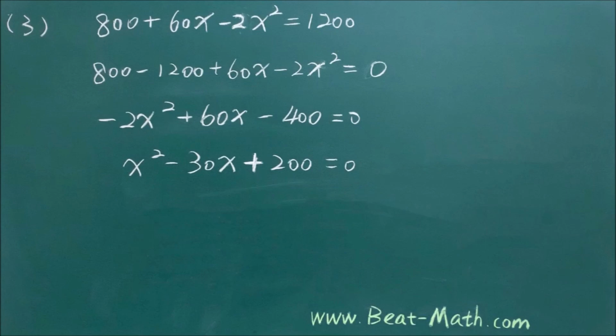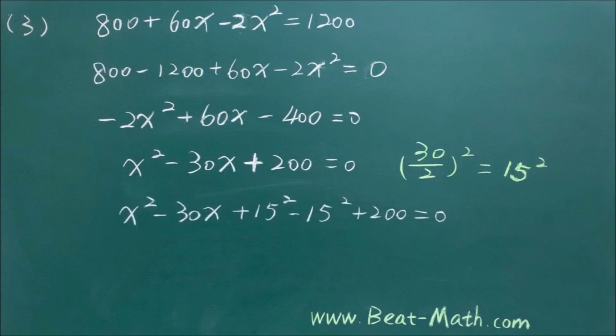Okay, let's try it. First we add and subtract (30 over 2) squared, which is 15 squared, on the left side of the equation and get x squared minus 30x plus 15 squared minus 15 squared plus 200 equals 0.